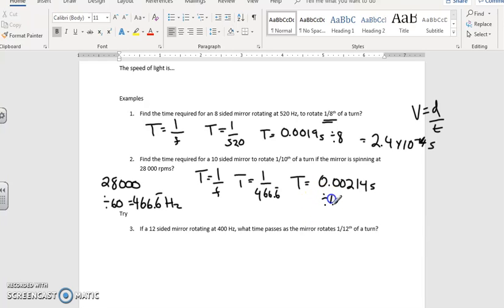But again, because we only want it for 1/10 of it, you're going to divide by 10 to get the time for a 1/10 being 2.14 times 10 to the negative 4 seconds.